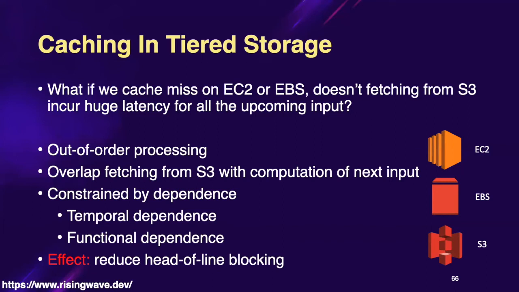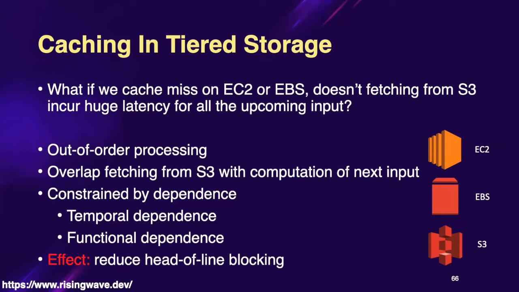But the problem is that we cannot randomly reorder any two input records, right? Because there can be some kind of dependency between input records. For example, if the input record is the CDC stream from an OLTP database, right? We may have some events like inserts, updates, and deletes, right? So for the same row, the same primary key, we can only do the insertion first, and then we can do the deletion, right?